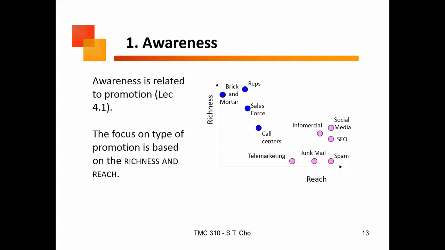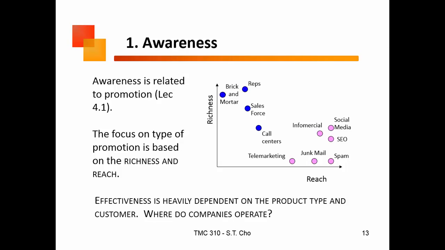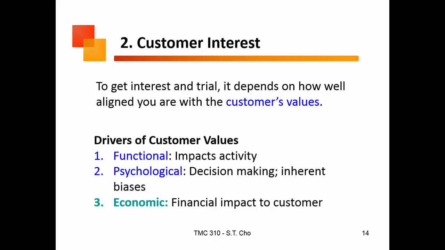The holy grail is to get both, and that's what they're trying to do today with digital marketing, because you have reach with digital marketing. Now you need to get the richness. The thing is, companies, like for example small businesses, restaurants, tend to rely more on richness. Mass market products tend to rely more on reach.